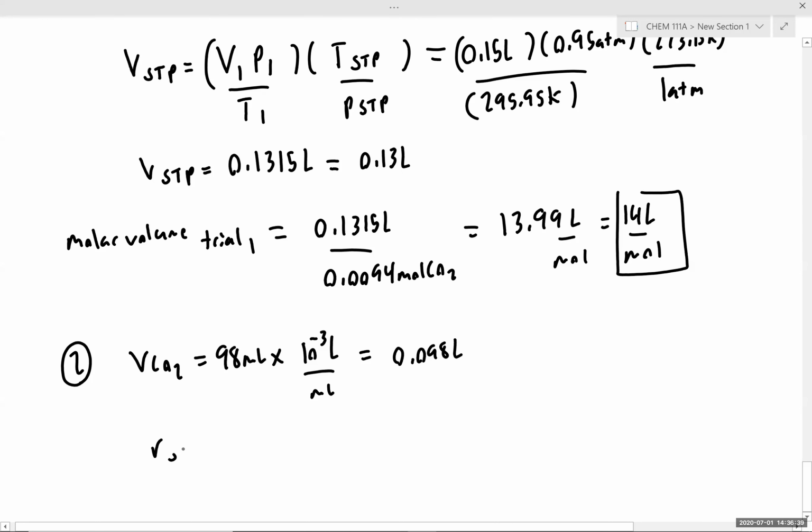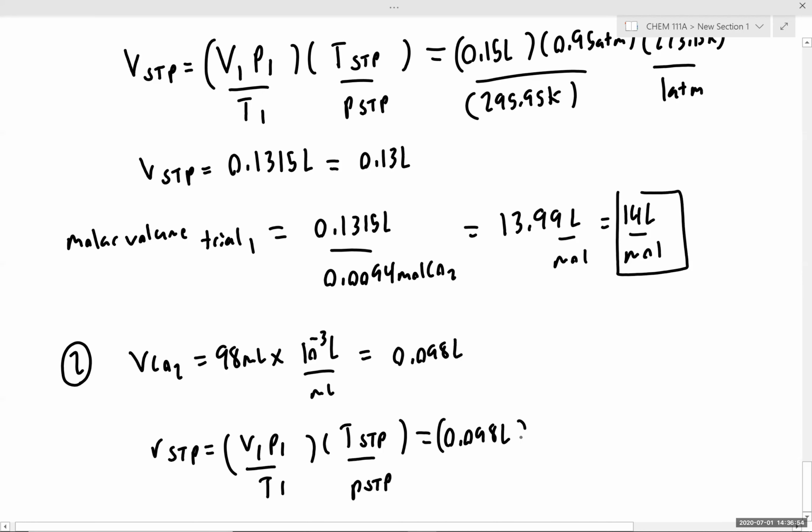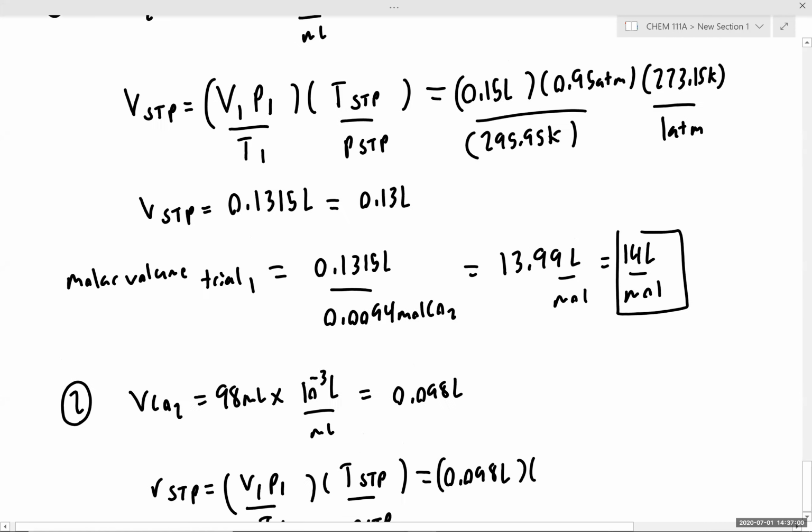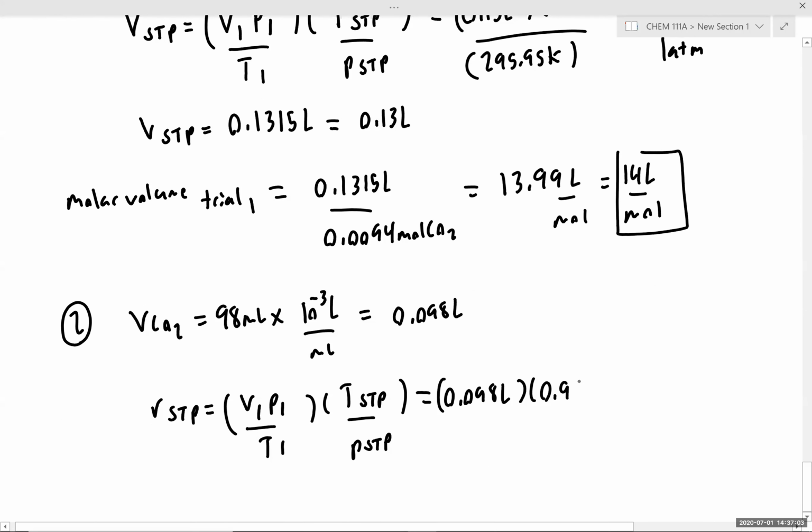Solving for the volume at STP, we have V1P1 over T1 times the temperature at STP over the pressure at STP, which in turn gives us 0.098 liters times the pressure, which we calculated in this case to be 0.95 atmospheres, over the temperature, which is 295.95 Kelvin, times the temperature at STP, which is 273.15 Kelvin, over the pressure at STP, which is 1 atmosphere.